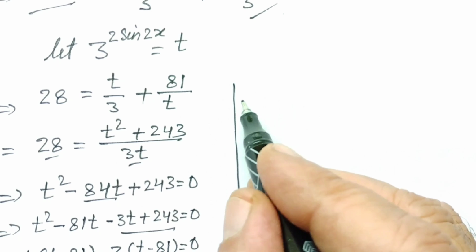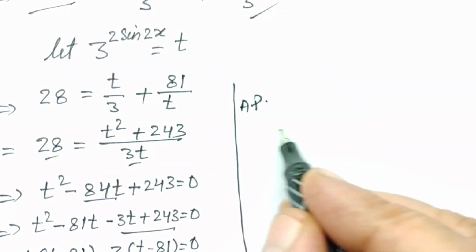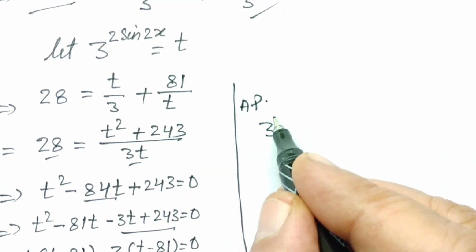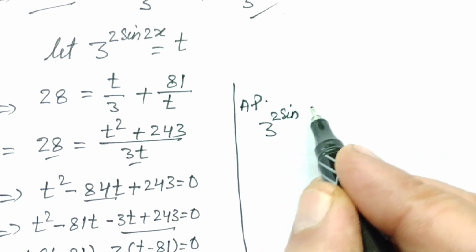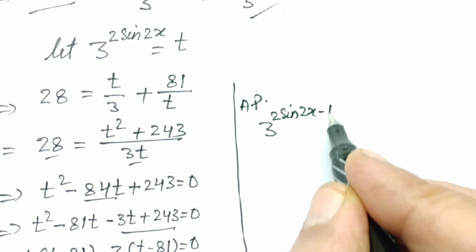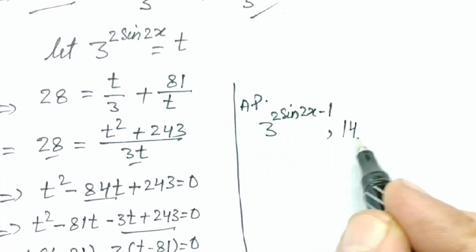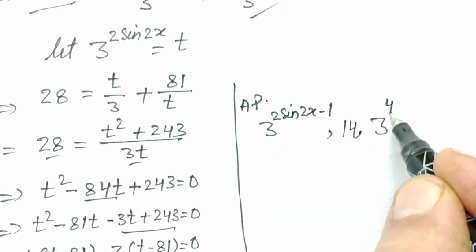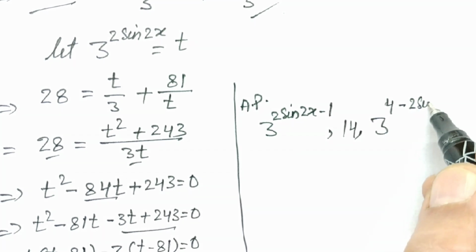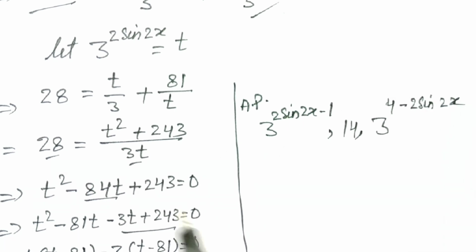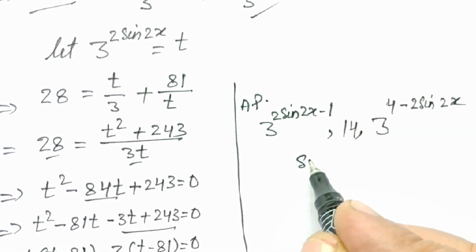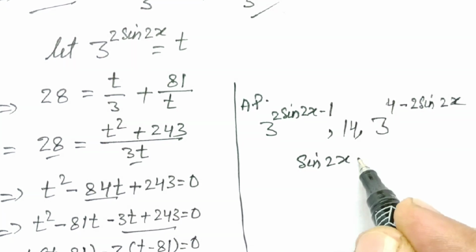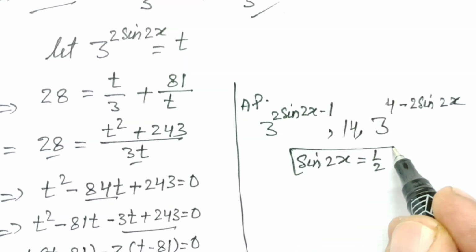Now we have the arithmetic progression with first term 3 to the power 2 sin 2x minus 1, second term 14, and third term 3 to the power 4 minus 2 sin 2x. Here sin 2x is equal to half.